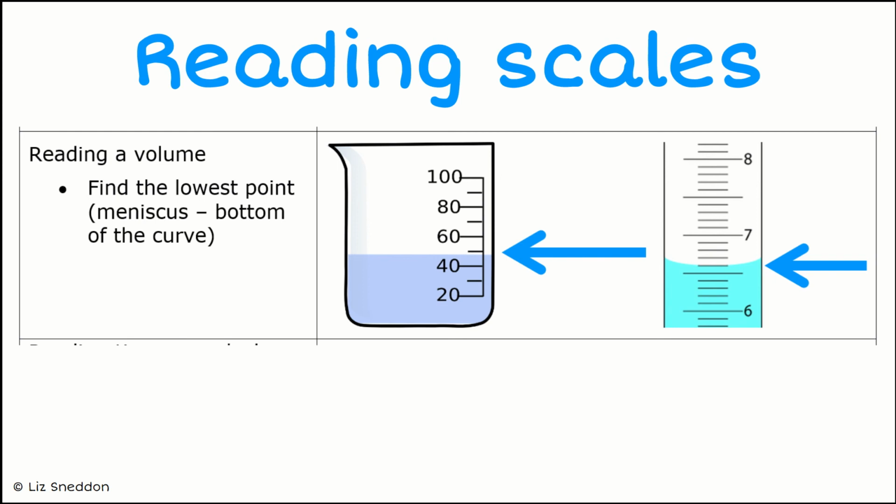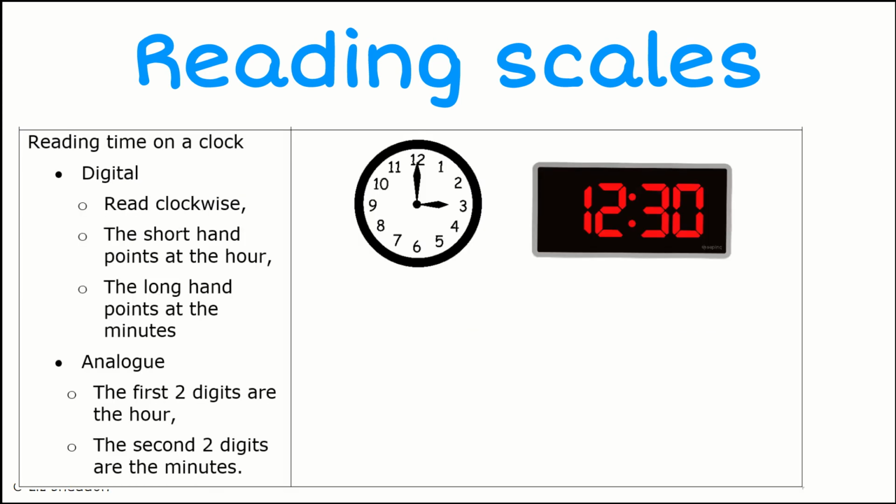It's called the meniscus. You always want to look for that lowest point. And when we're reading time, if I've got an analog clock, we should have the small hand pointing at the hour and the big hand pointing at the minutes.